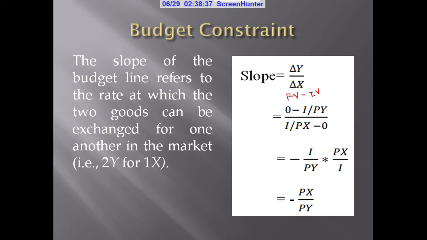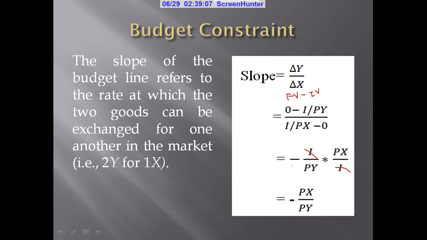When consumption of Y equals 0, the individual consumes only commodity X, and when the individual is consuming only commodity Y, he cannot purchase any unit of commodity X. Here, minus I over PY, income over price of Y. When we change the sign from division to multiplication, the ratio is reversed: PX over I. Income cancels out here.